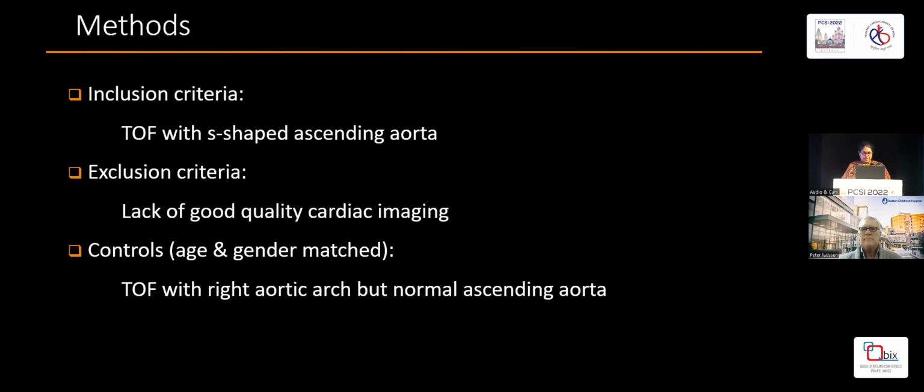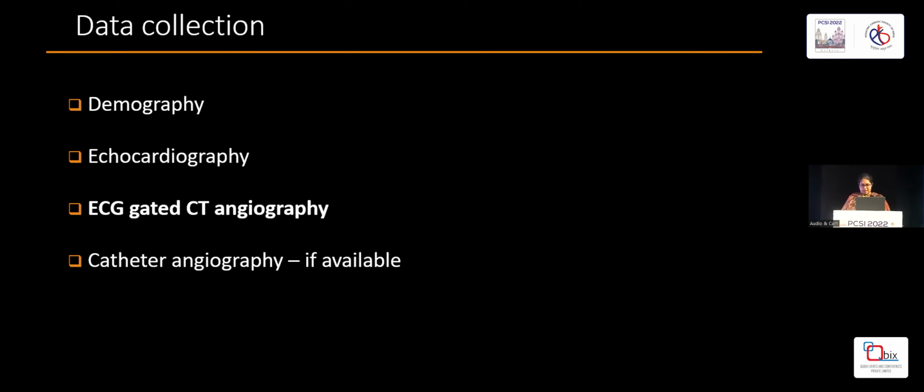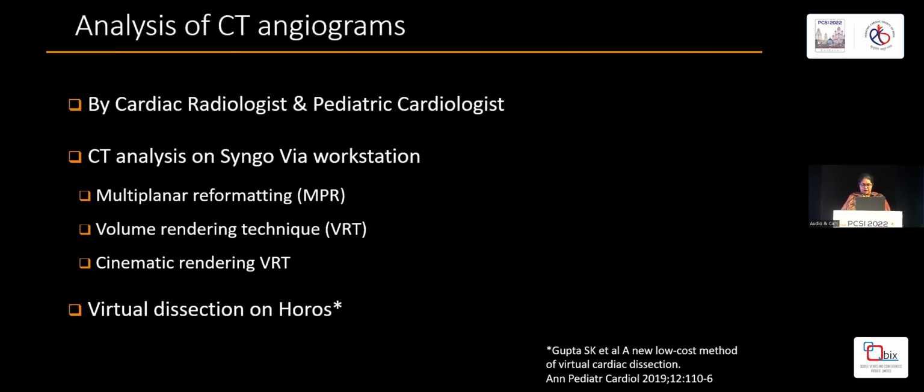We included TOF patients with S-shaped aorta who had good quality imaging and compared them with controls. Standard echocardiographic measurements and analysis were done, along with demographic data, but our primary focus was ECG-gated CT angiography, and angiograms if available. The analysis was independently done by both cardiac radiologists and pediatric cardiologists, and we used multiplanar reformatting and volume rendering techniques.